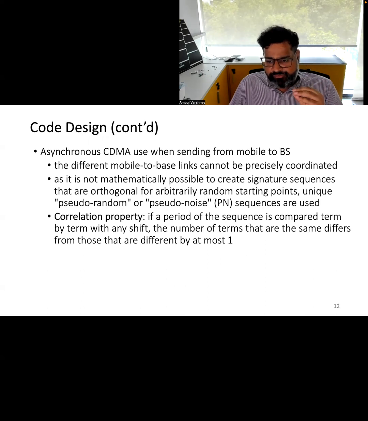One example of an asynchronous CDMA code is called pseudo noise sequence, which is also sometimes called gold code. Pseudo noise sequences are generated using specific algorithms, and they have a correlation property which allows them to be used to perform this translation of the data stream using these bits.